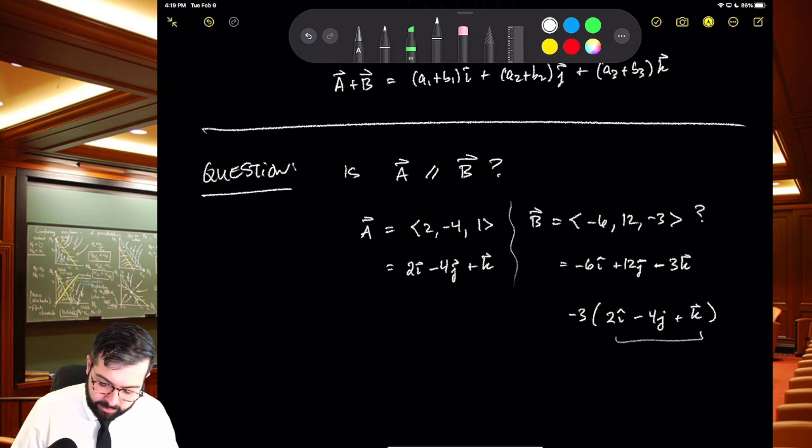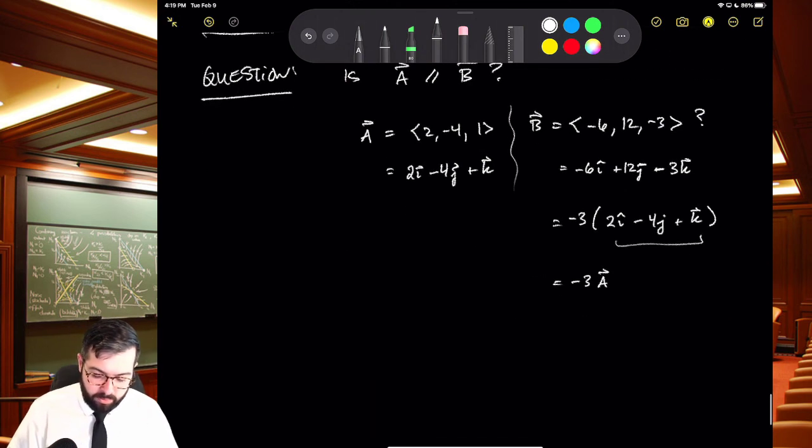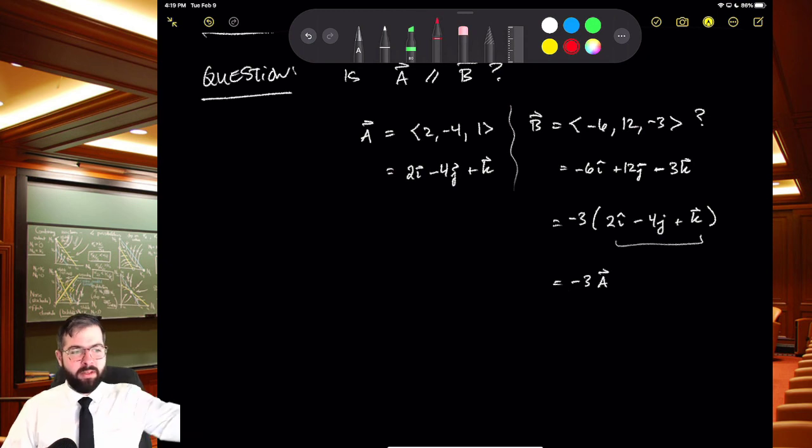All right, and what did we call this? This is just a. So this is really just -3a. So what's happening here really is that b is -3 times the vector a, so -3 scaled of a, and so it has done what?